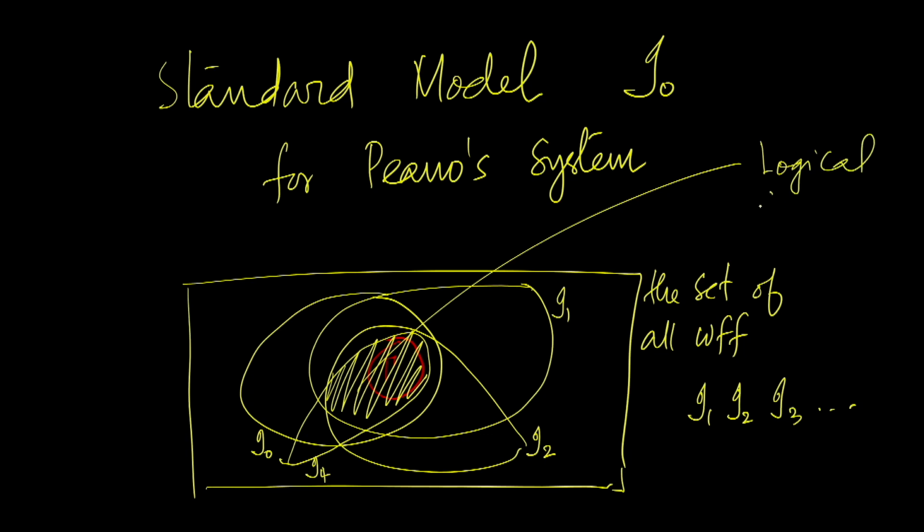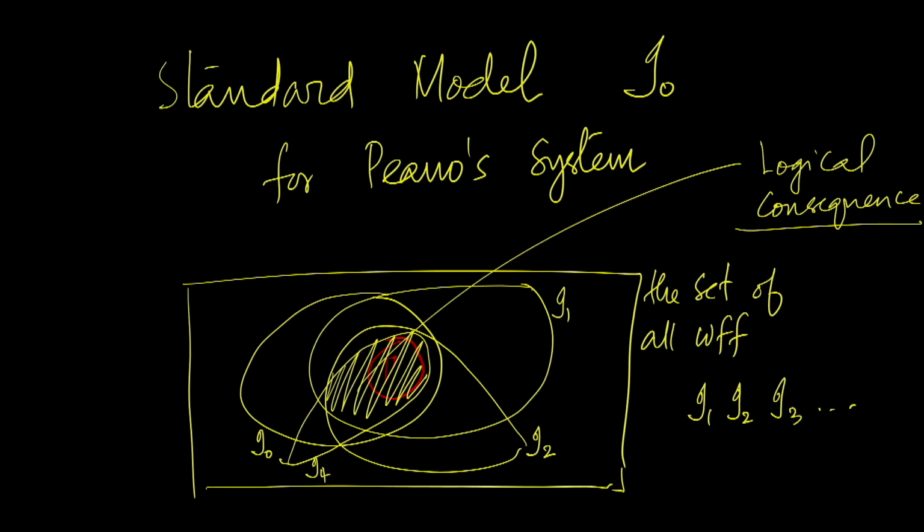So in all these interpretations, gamma is true, therefore all of them are models for gamma, and in all these interpretations, this shaded portion is also true. Therefore, we can say that any interpretation which makes the whole of gamma true will also make all these formulae true. So these are the logical consequences of gamma, and these are indeed the statements which are provable within our system. So the shaded portion is what is provable within the system.